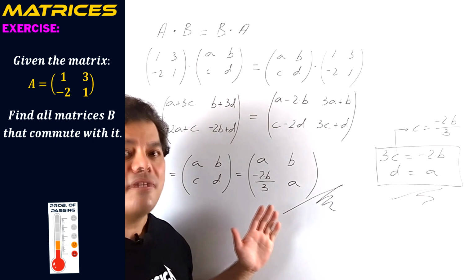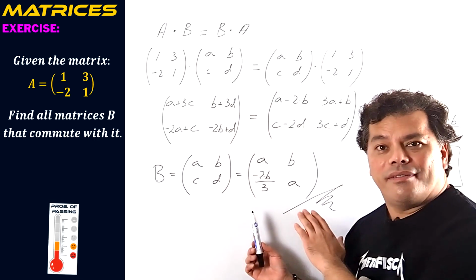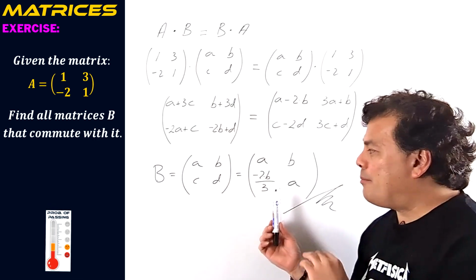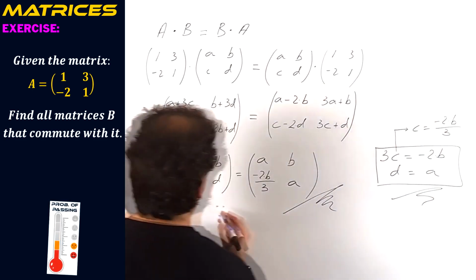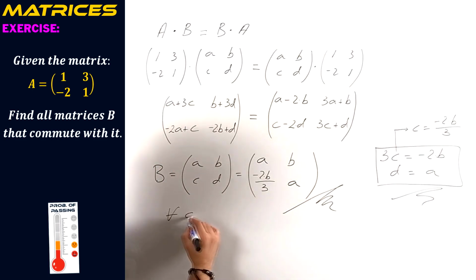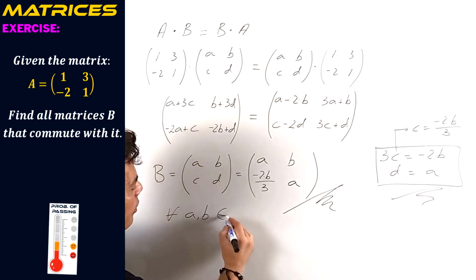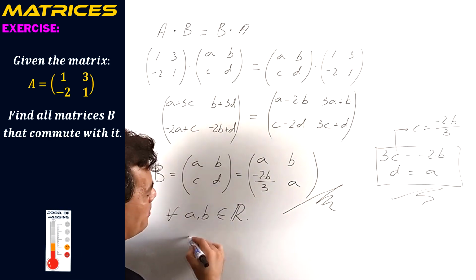And this is the result. As you can see, there are infinite solutions that depend on variables A and B. So we can say that this holds for every value of A and B real numbers.